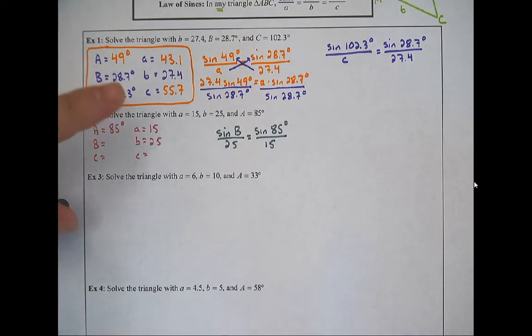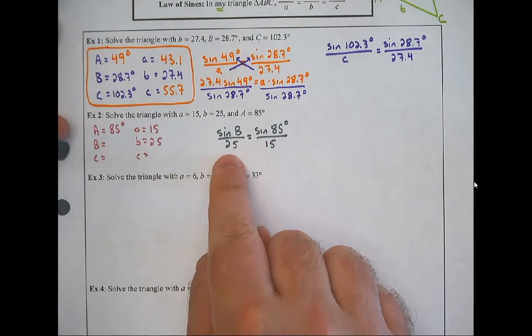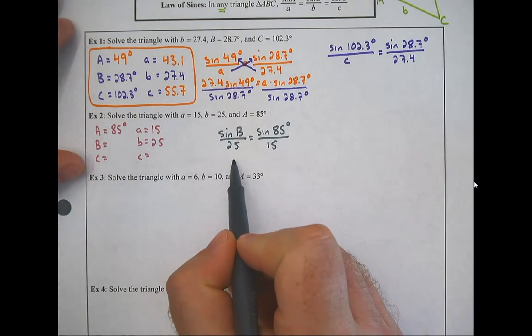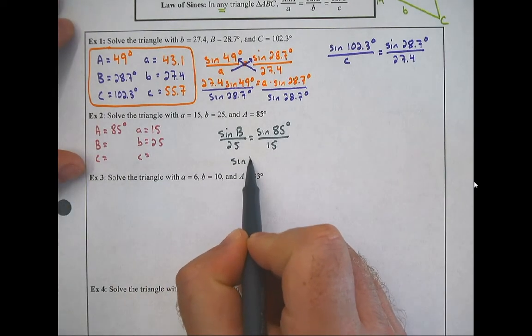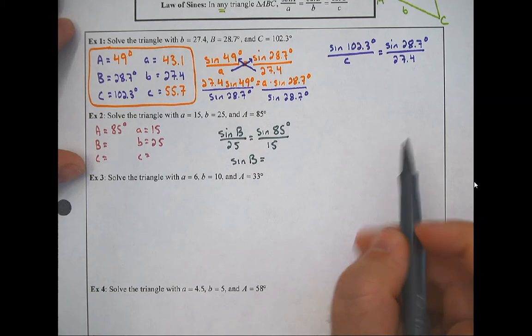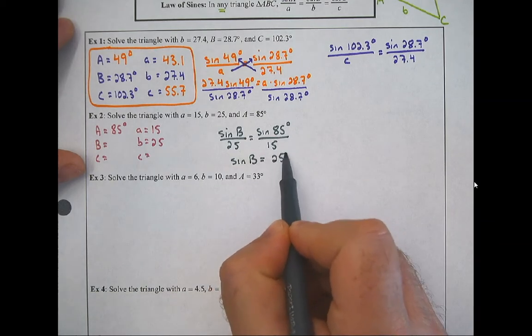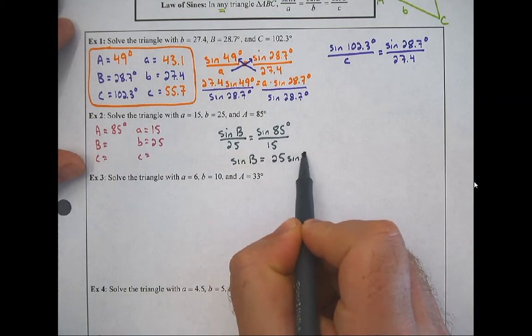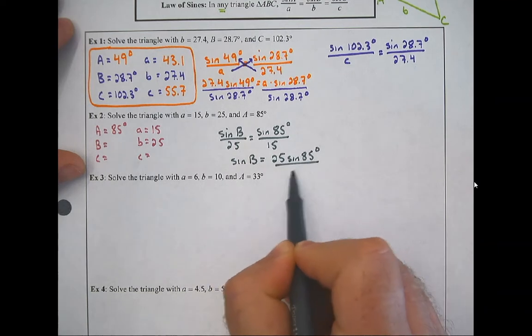This is a little different than the previous problem, because there we had A on the bottom, so our first move was to cross multiply to get A to the top. In this case, we're just trying to get big B by itself. The farthest thing away is 25, so I multiply both sides by 25. So I have sine of big B equals 25 sine of 85 degrees over 15.